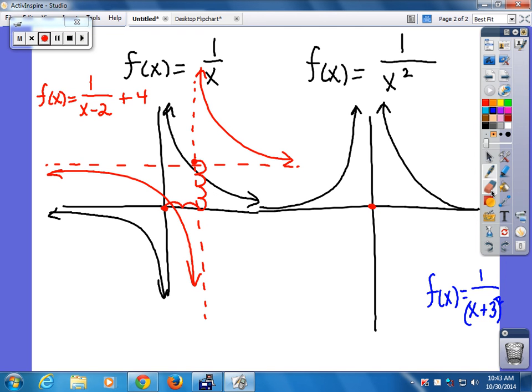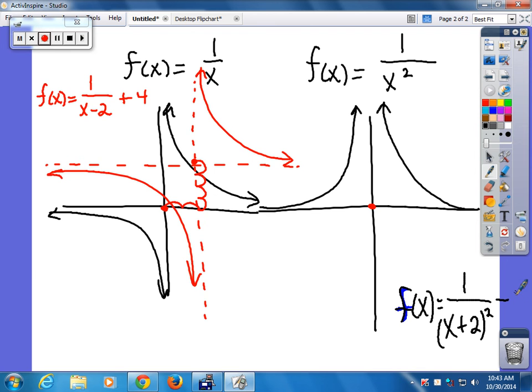Erase it. F of x is equal to 1 over x plus 2 quantity squared minus 4.